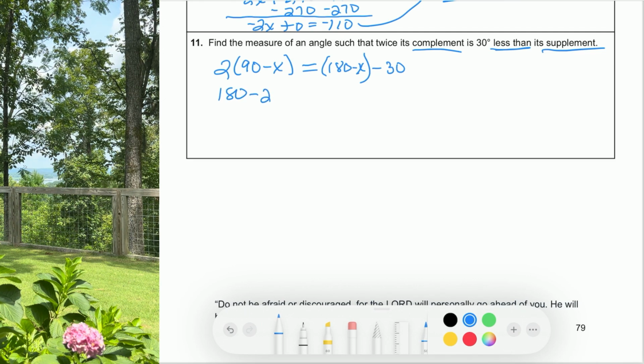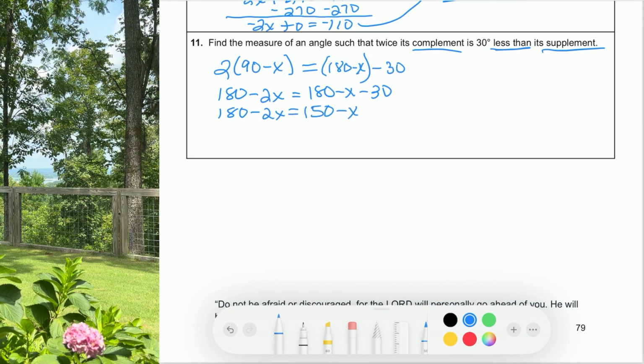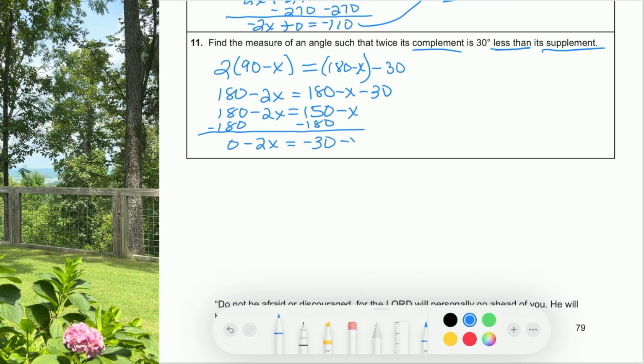Go ahead and distribute. I have 180 minus 2x equals 180 minus x minus 30. Combine like terms where possible, which is the 180 minus the 30. So that gives me 150 minus x. Now I'm going to subtract my 180 from both sides. I end up with 0 minus 2x equals negative 30 minus x.